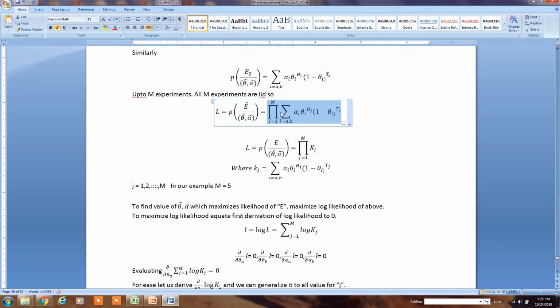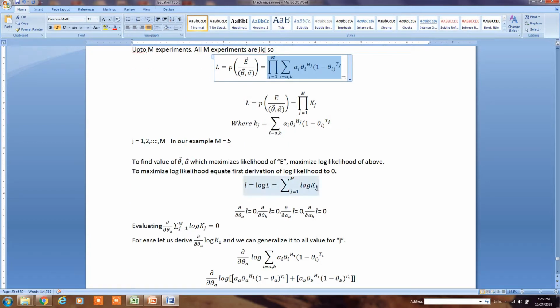To avoid that complication, we take the log likelihood. Log likelihood is the logarithm of this one, and we maximize that. The parameter which maximizes the log likelihood will also maximize the likelihood, because the log likelihood is simply a mathematical conversion.